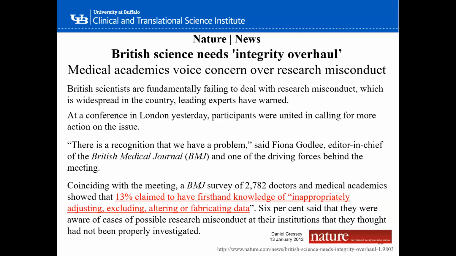Okay. So I told you this is an international problem, and here's an article from Nature, another major scientific journal, that says that this is a big problem.